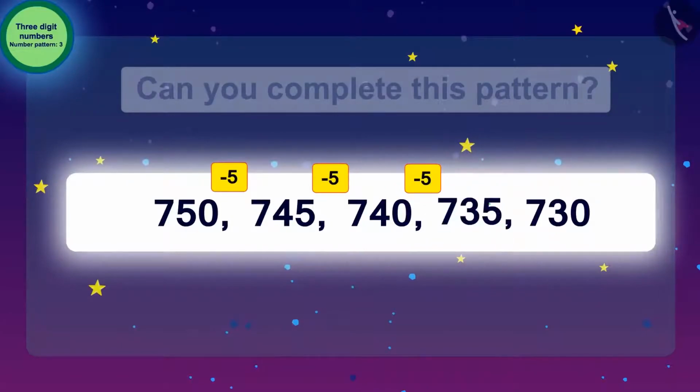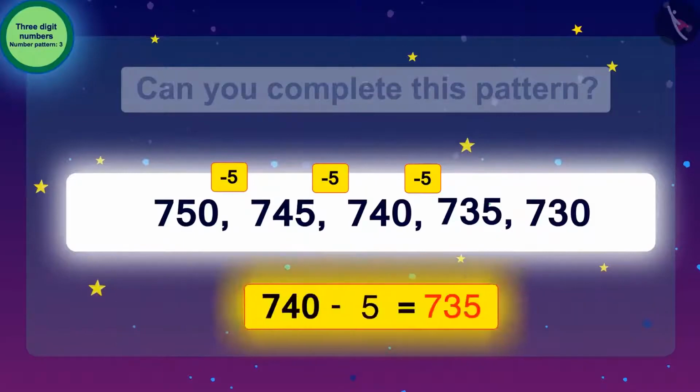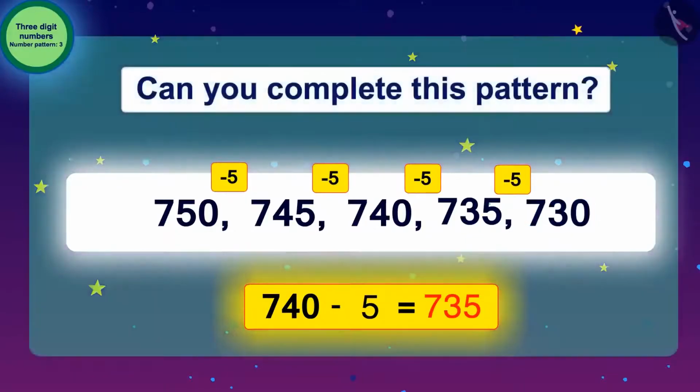This way, the number to be filled in the blank is 735, which is 5 less than 740. Look carefully. If we subtract 5 from 735, we get 730, which is already given.